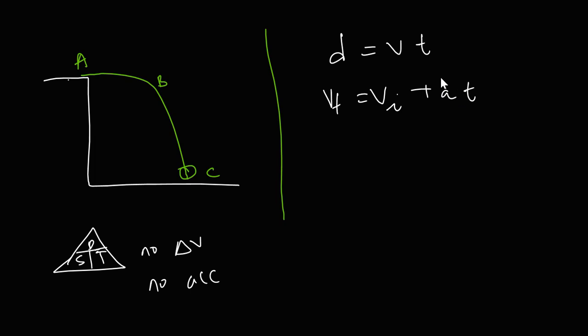So it depends on what you're looking at. For instance, if you're working on a free falling object, your acceleration is going to be 9.8 meters per second squared.